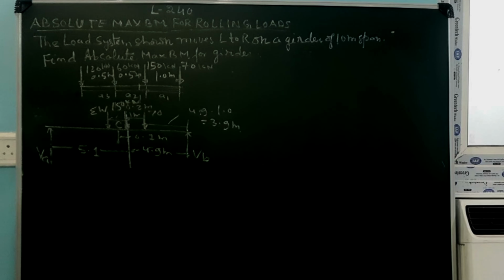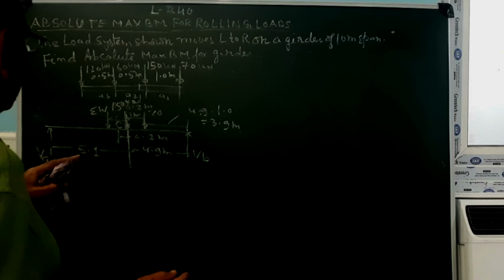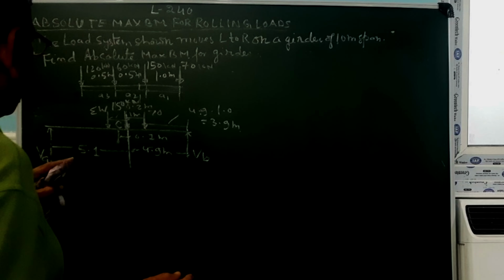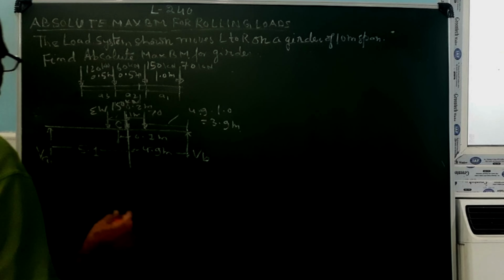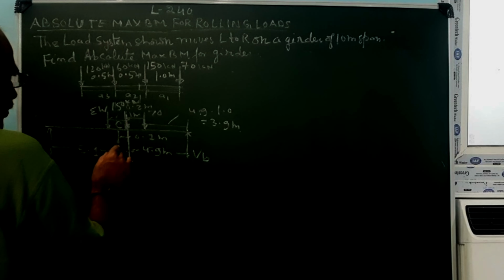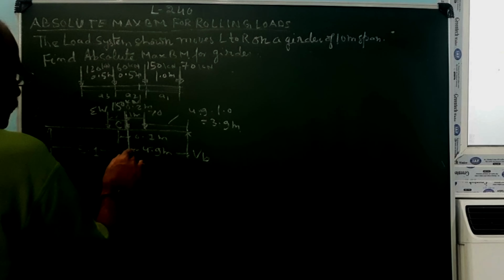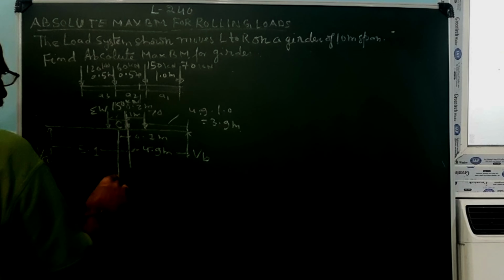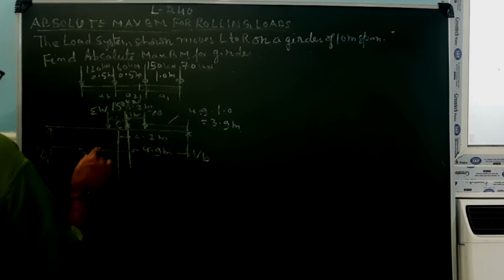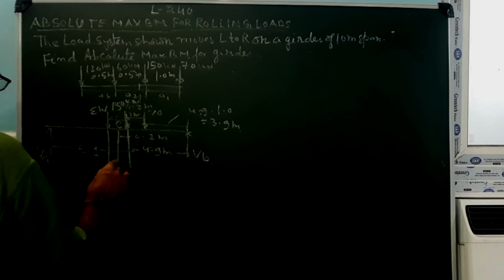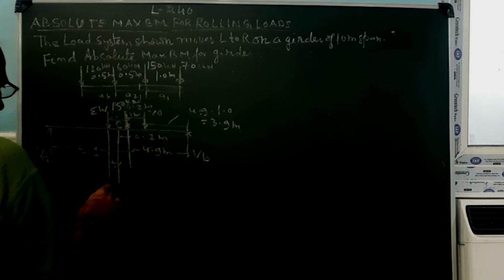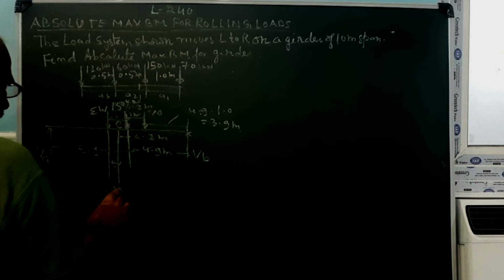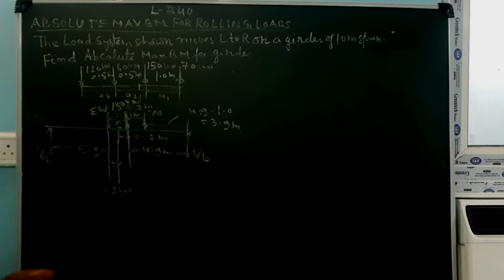From the conditions we can have BB. If you see, this is at a distance of 0.1, this is 0.1, this is 4.9, this is your center, this is 5, and this is 0.1 meter.